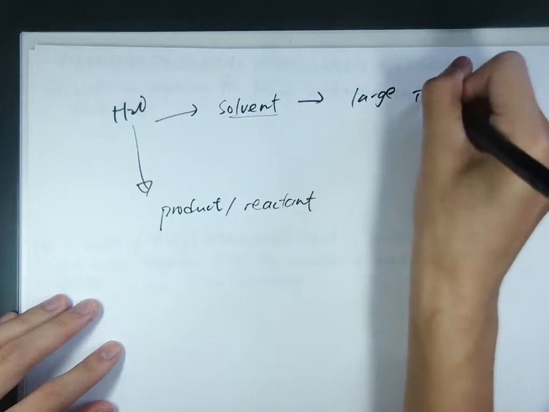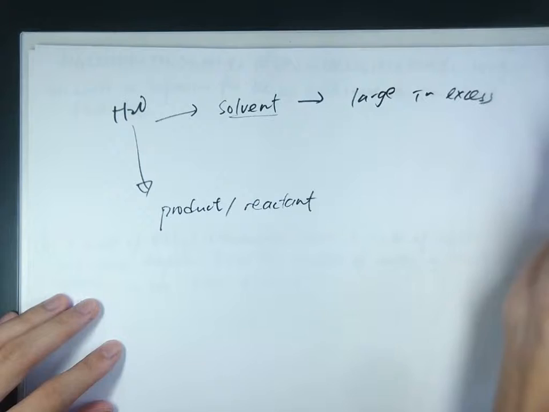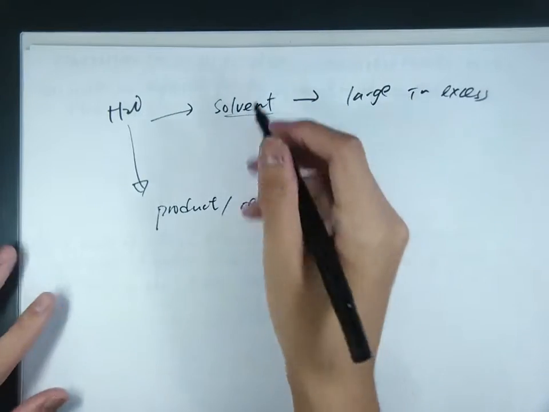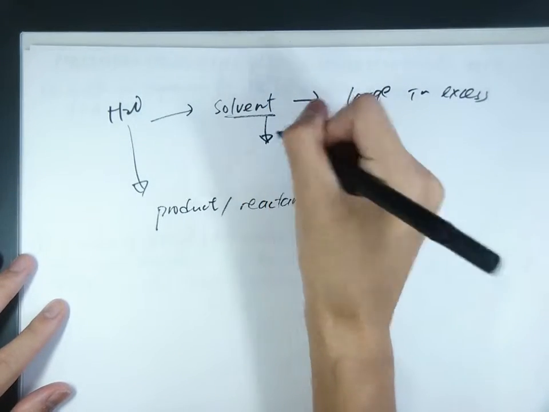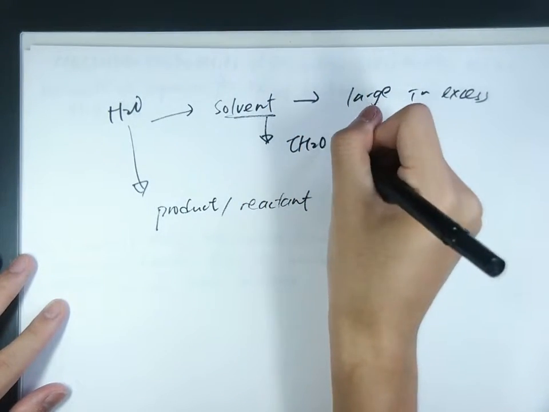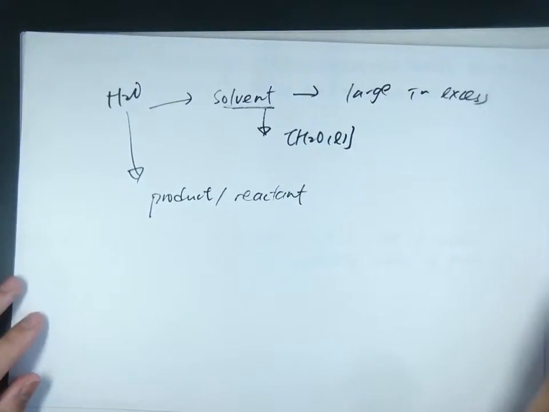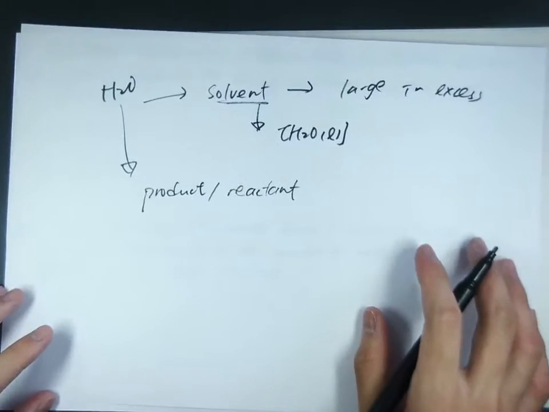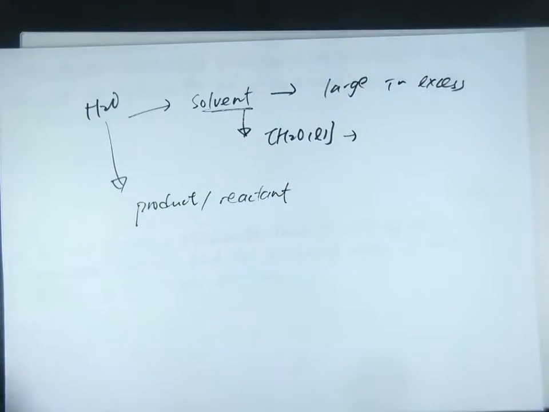Because we use a lot of water to dissolve a small amount of solute. So at this moment, the concentration of water would be very large when compared to that of the solute. So we treat it as a constant because it is relatively unchanged.